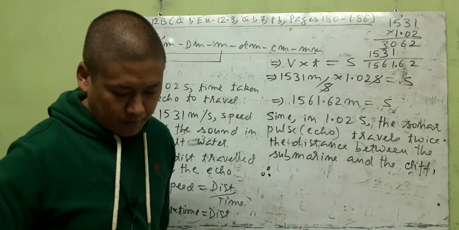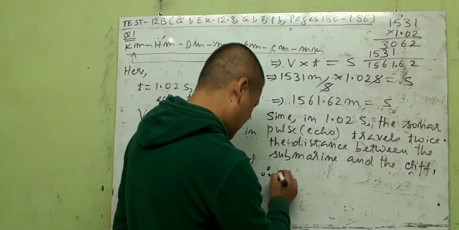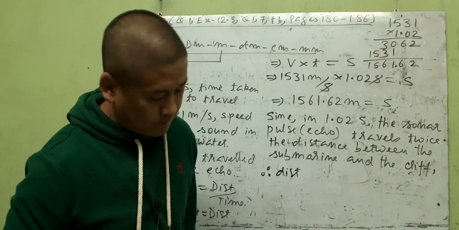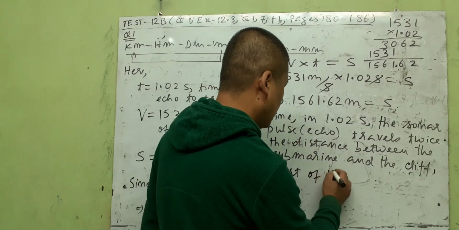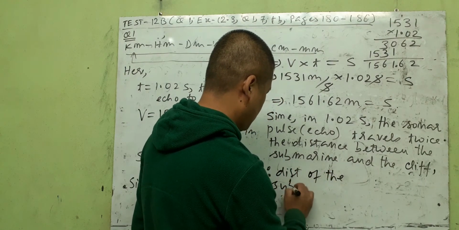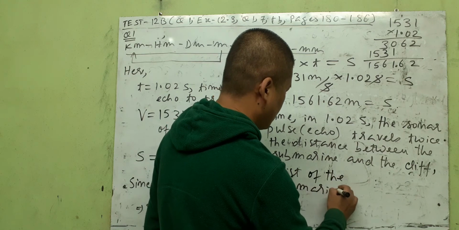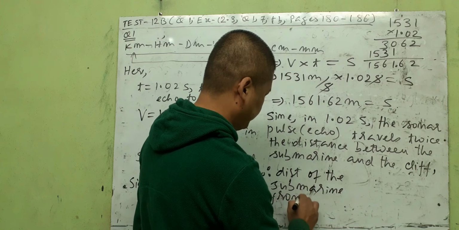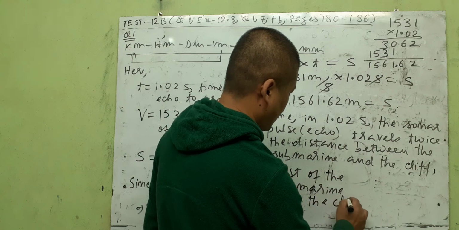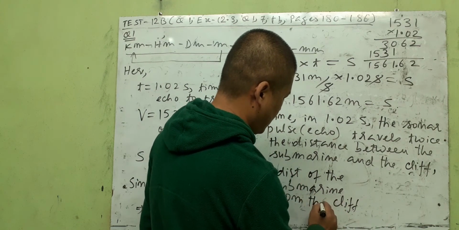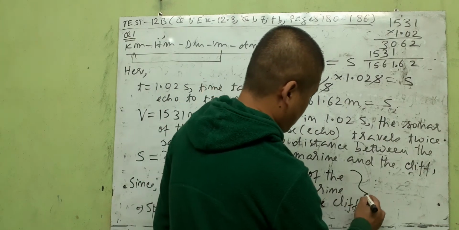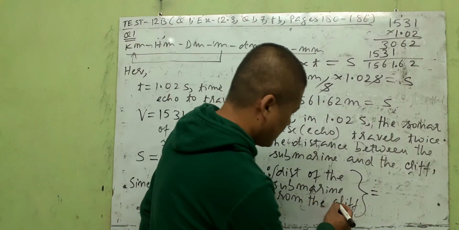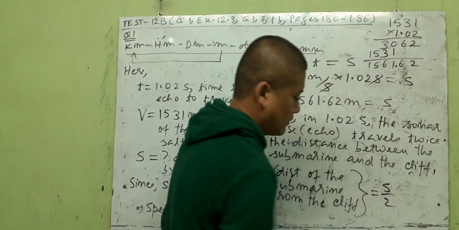Therefore, the distance of the submarine from the cliff, according to the language of the text, how far is the cliff? The actual distance between the submarine and the cliff will be S divided by 2.